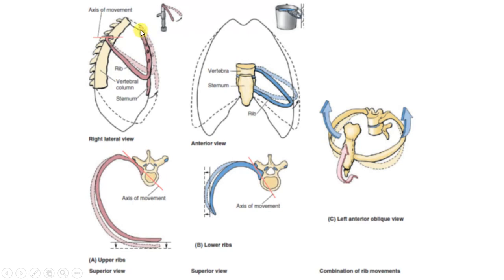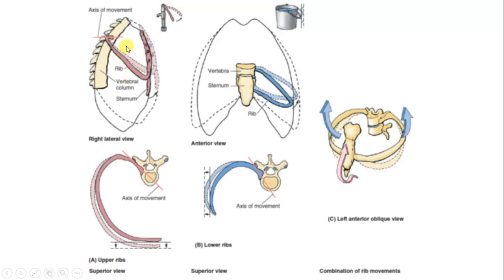So it's causing the body to move forward, and when it moves forward by contraction of the rib muscles, it acts like the handle of the pump, and the rib is the fulcrum of this handle.